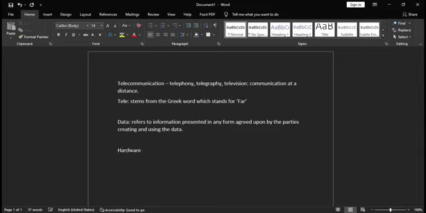Hardware here stands for any physical component. It can also stand for equipment.